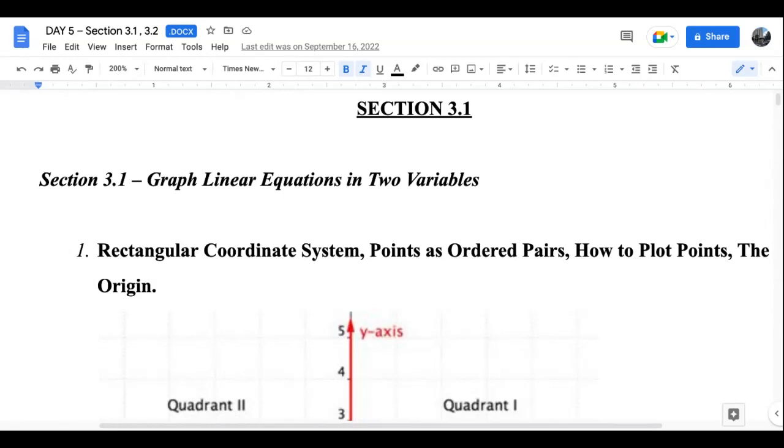So when we see linear equations, we should have something in mind like this. y equals mx plus b. I'm typing it in the chat. Or ax plus by equals c, right?